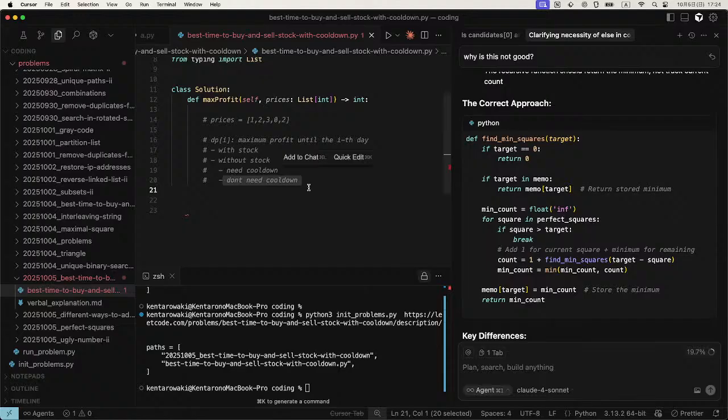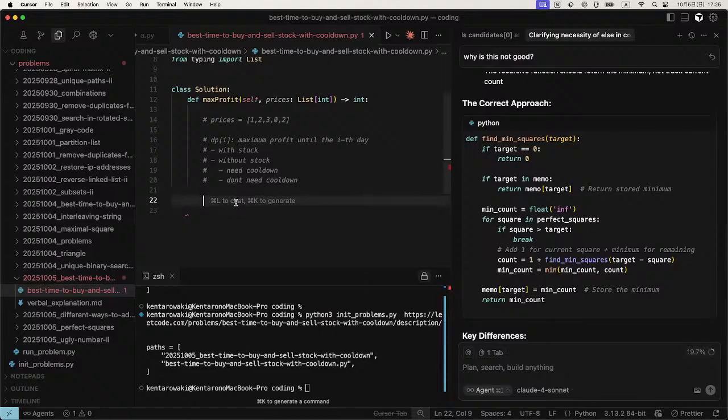And if it doesn't need a cool down, we can buy a share of stock. If we have stock already, we can sell the stock and make a profit. Okay, that's the transition.